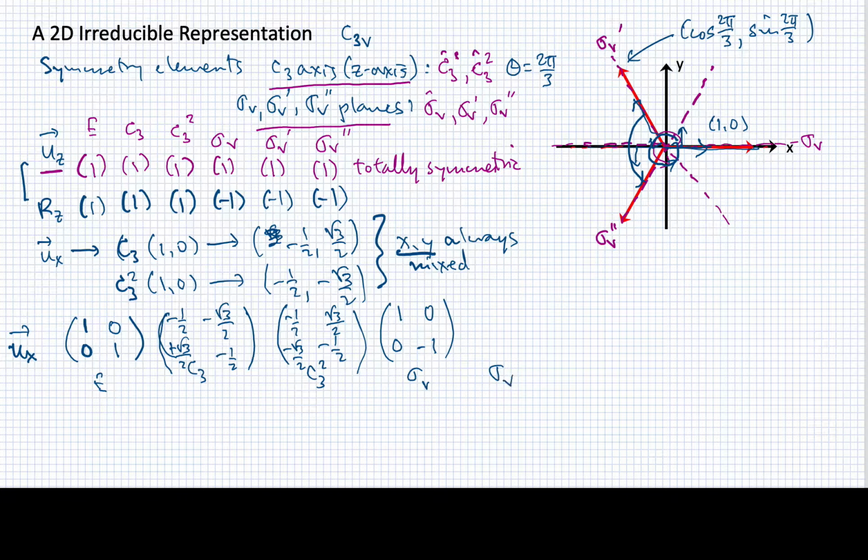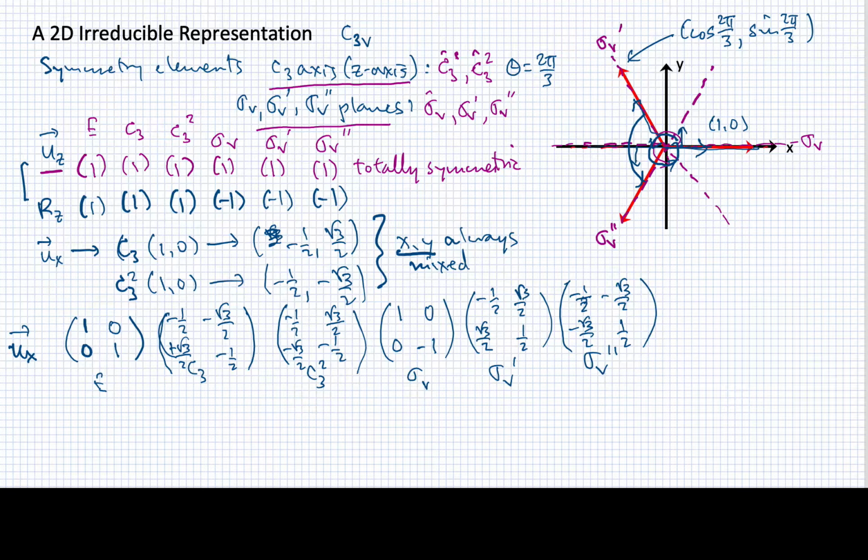For σv′, it turns out that it will turn into this. We'll have −1/2, +1/2 along the diagonal, and √3/2 in the two off-diagonal elements. For σv″, again, I'll have −1/2 and +1/2 along the diagonal, but switched places, and −√3/2 and −√3/2 here.